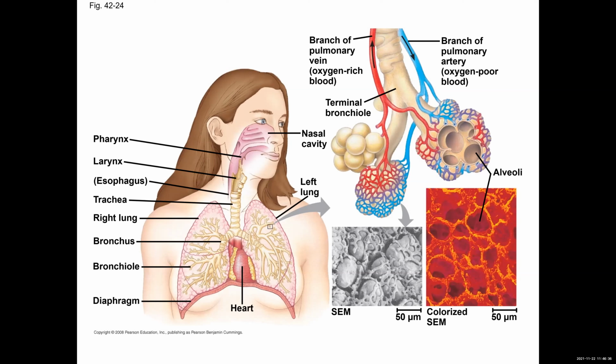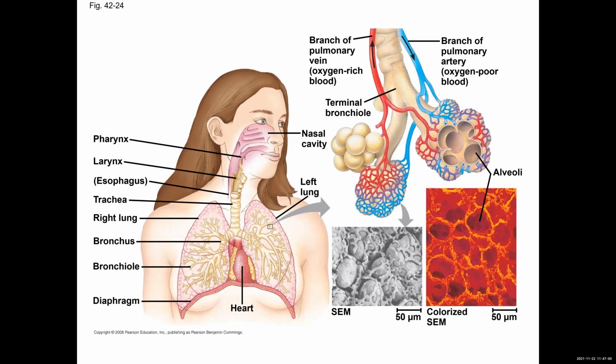We also want to protect these internal structures of our body from pathogens. And so all of our airways are lined with mucus and also with immune system cells that are going to try and grab onto and destroy any kinds of pathogens that are coming in through our airways.